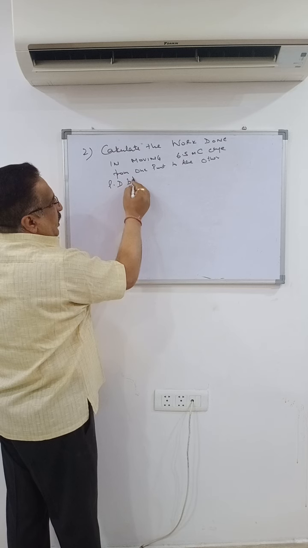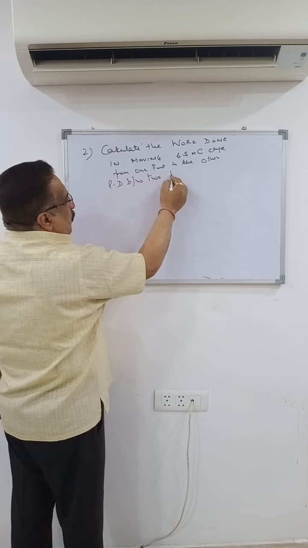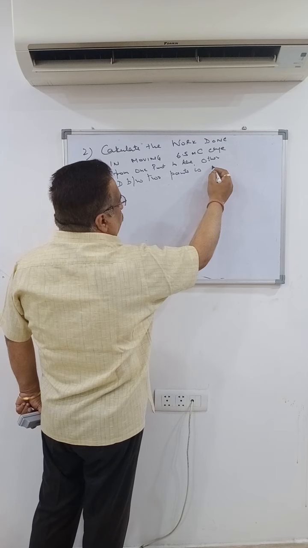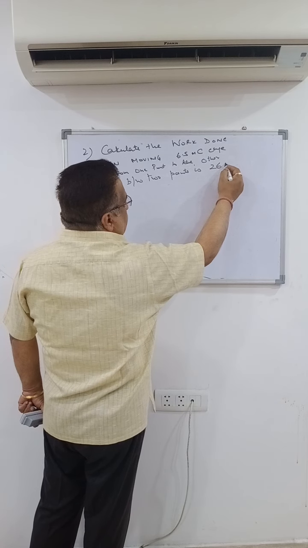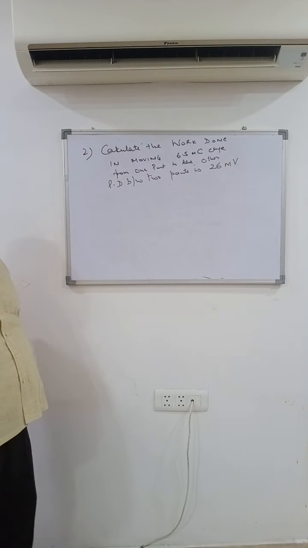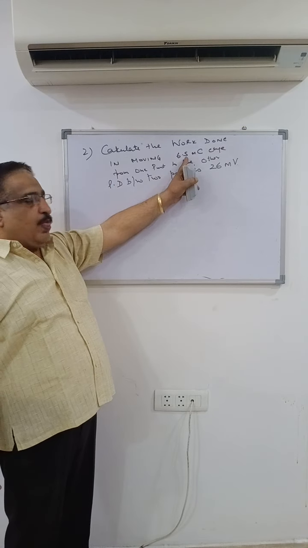Potential difference between 2 points is 26 millivolts. 26 millivolts. What is given to you?